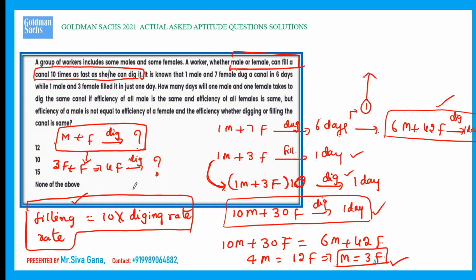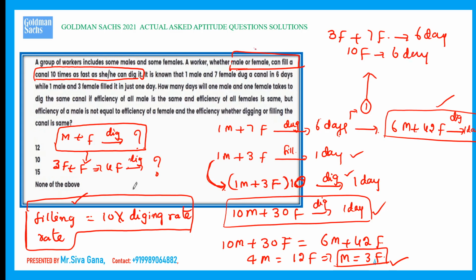In place of one male, we put 3 female: 3 female plus 7 female can dig the canal in 6 days, which means 10 female take 6 days.